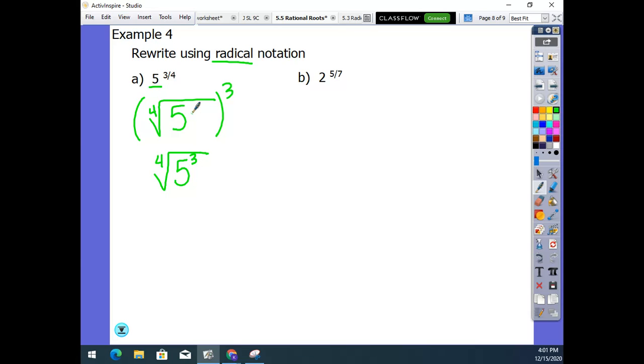All right. Keep the base, change to a radical, move the denominator to the corner, either raise the whole thing to the 5th power, or you can just raise the 2 to the 5th power on the inside. Either one of those is the same thing.